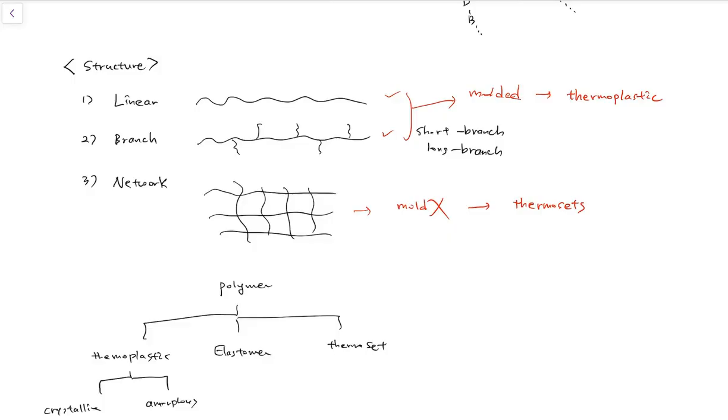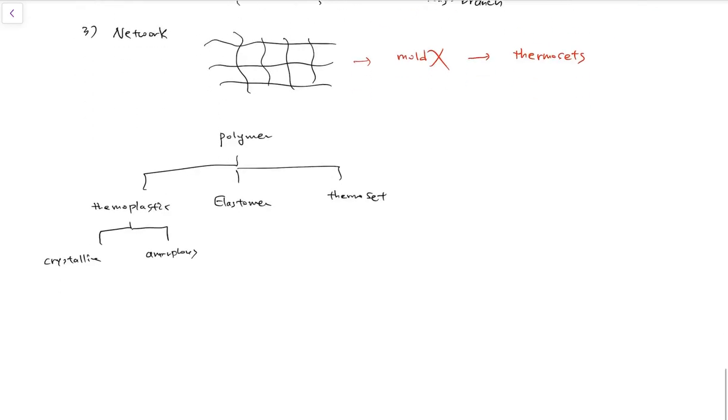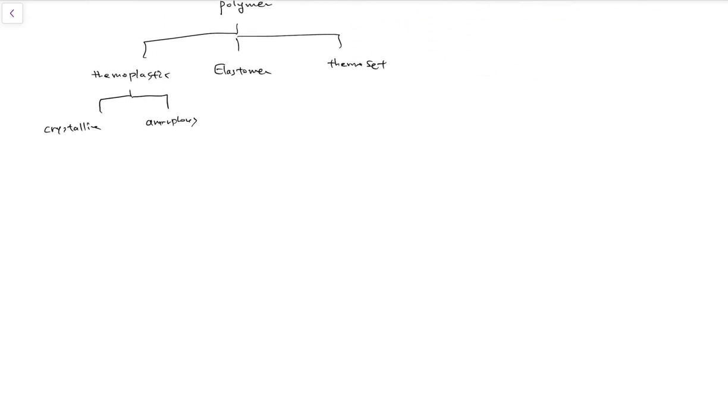So the important thing about this is that depending on the structures, they have totally different properties, and that determines basically what kind of applications we can have with specific types of polymers, and especially at what temperature we can use it, can you mold it or can you use it, something like that. Okay, so next category is size of the polymer.